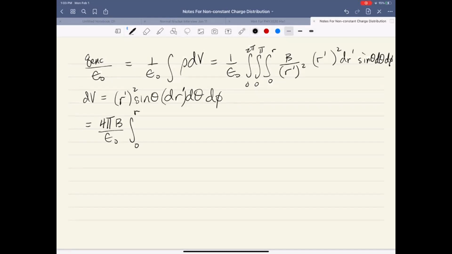That just leaves me dr prime. If I integrate dr prime, I just get r prime, and then I evaluate r prime from 0 to r, and I get r. So the evaluation of this integral, Q enclosed over epsilon naught, is 4 pi br over epsilon naught. There you go.